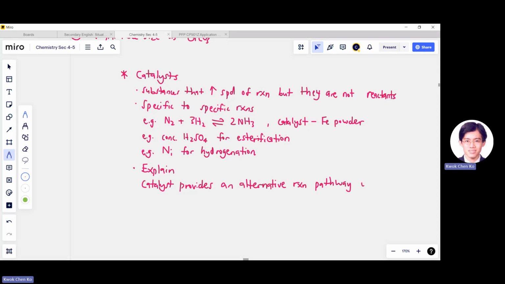Take note, the explanation does not involve collision theory, so don't mix them up. Lower, and then you see your good old friend again, activation energy.